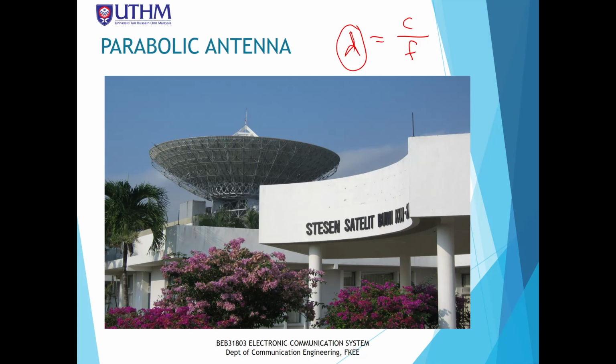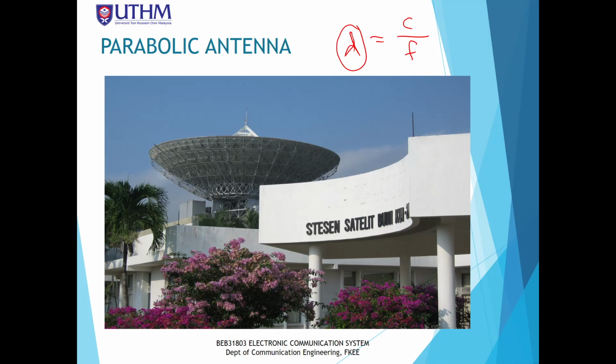The good thing about lambda is, if lambda is smaller, that means we can design a very small antenna, like in your mobile phone, for example, because we use a high frequency. We use GSM frequency or LTE frequencies, which is in the 900 megahertz towards gigahertz range. So that's why we can design a very small antenna inside the mobile phone. Okay, so kita boleh gunakan mobile phone yang kecil yang nipis.